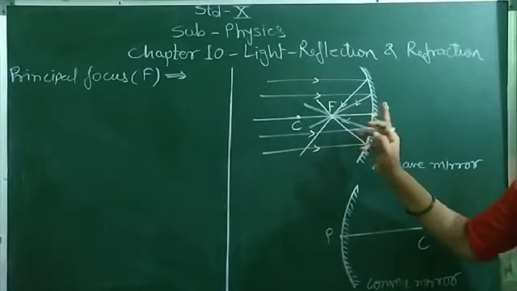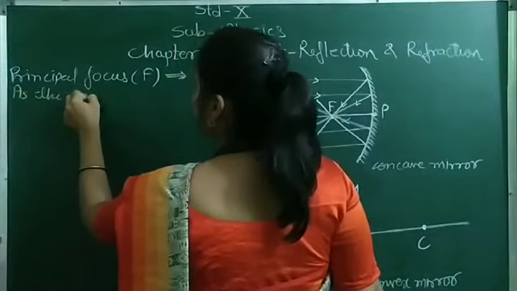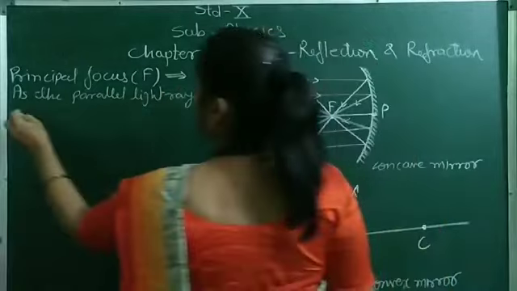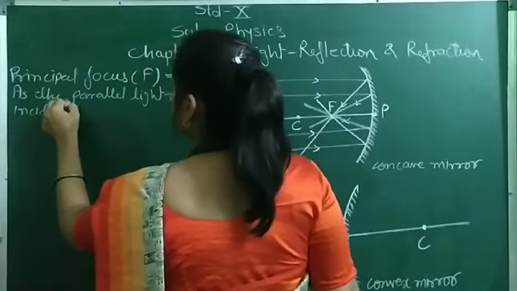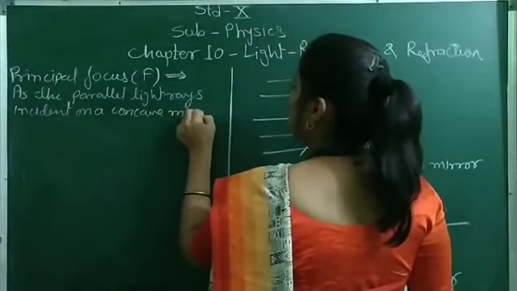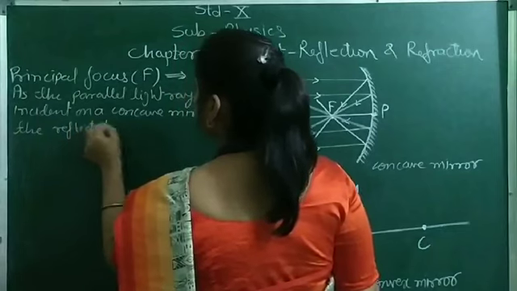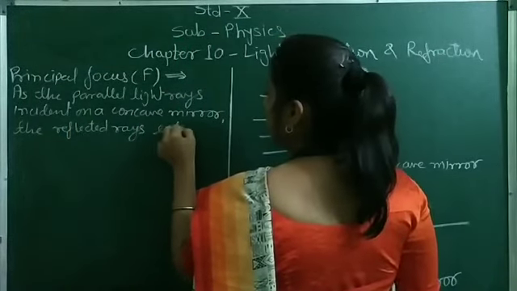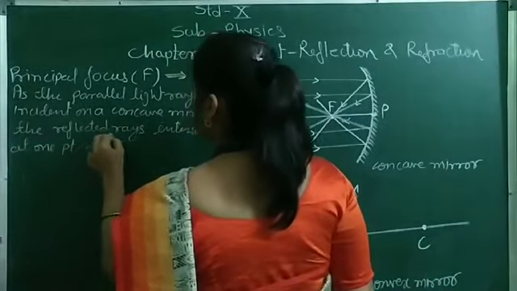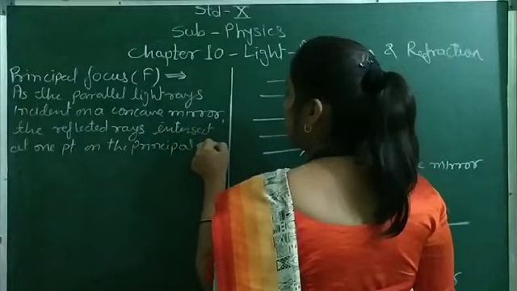So what is the principal focus? For a concave mirror, when parallel light rays are incident on a concave mirror, the reflected rays intersect at one point on the principal axis.